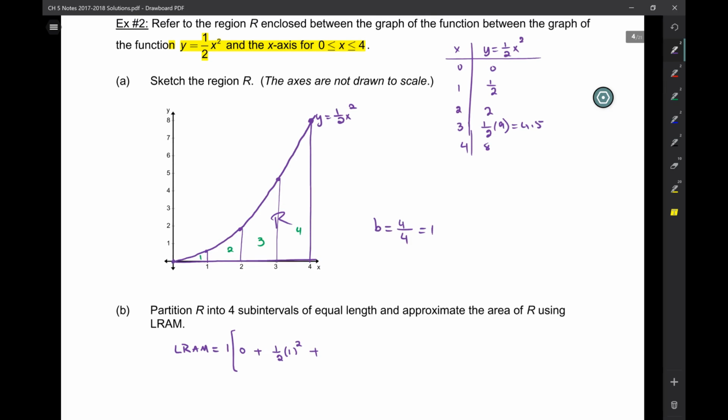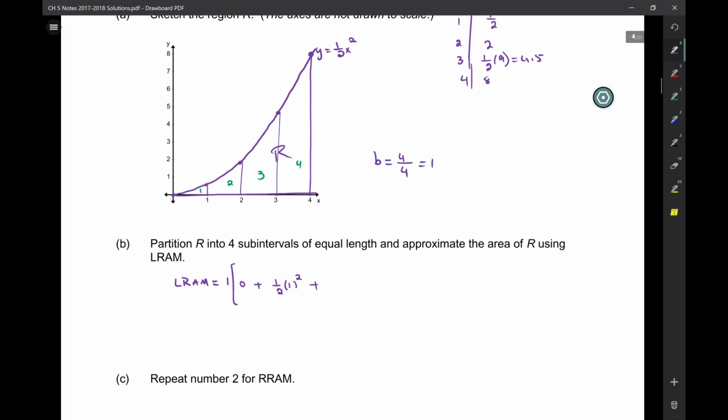Okay, so here's how we do it. You see how I did this chart before? Suppose you didn't do the chart before. You just estimated. For each point, you could just do the base value and then the y value. 1/2 of 0 squared is 1/2 of 0.